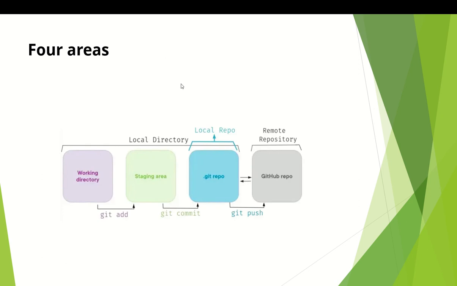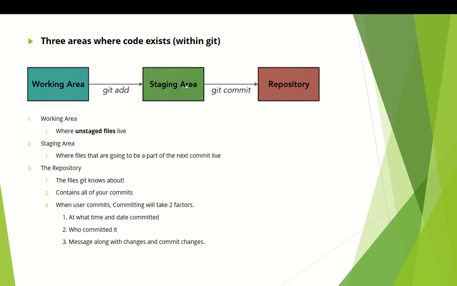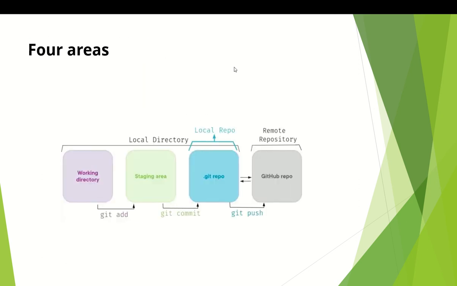So we are talking about three areas. Today we'll be adding one more area, that is the GitHub remote repository. It will be available globally, or if you have a server, you can install a GitHub server also and save it on the server.